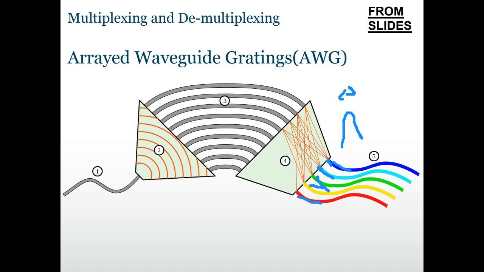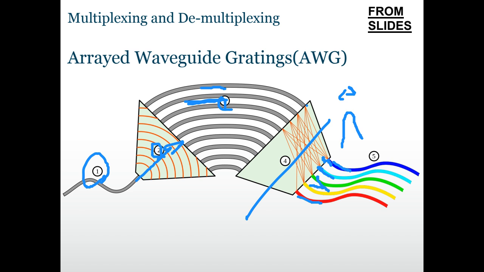So a little bit more background knowledge, how this works is that we have a mixture of all wavelengths. Then they have a free space propagation at 2. And then for 3, we have different lengths of waveguides. But in each waveguide, the signals, different wavelengths are still mixed. And then from here to different output ports, everything happens before this point.